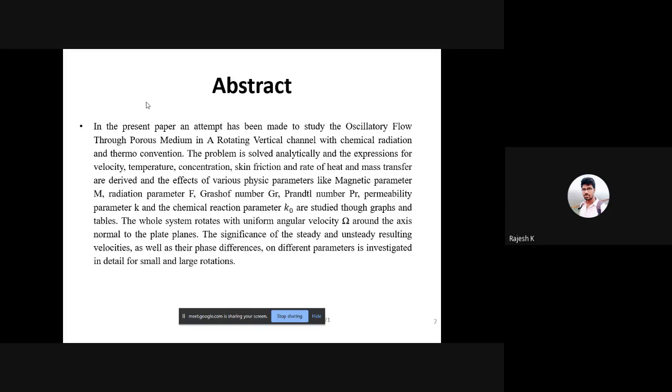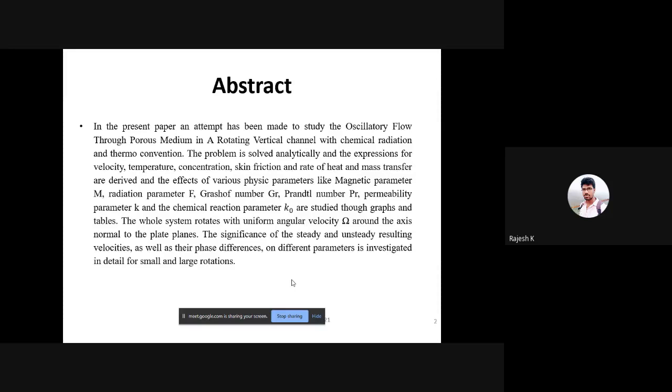The problem is solved analytically, and the expressions for the velocity, temperature, concentration, skin friction, and the rate of heat and mass transfer are derived. The effects of various physical parameters like the magnetic parameter, radiation parameter, Grashof number, Prandtl number, permeability parameter, and chemical radiation parameter are studied through graphs and tables.